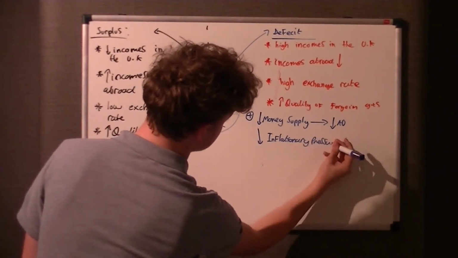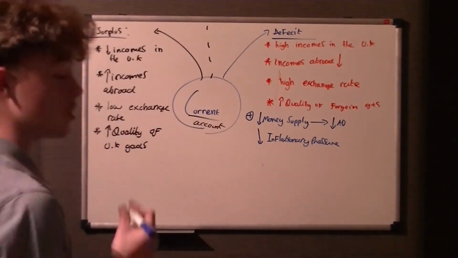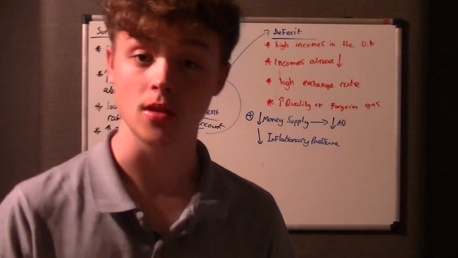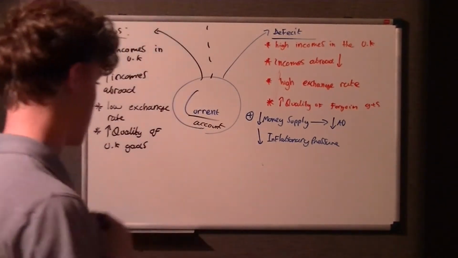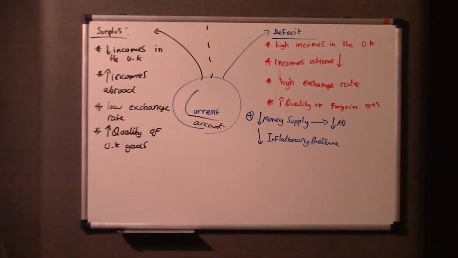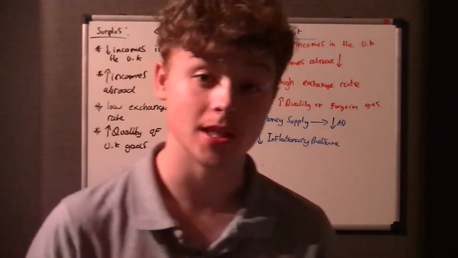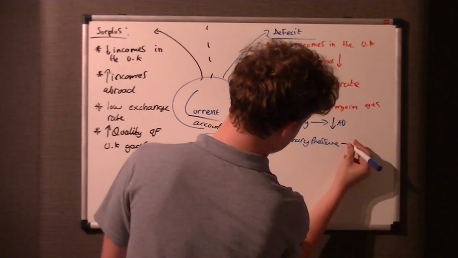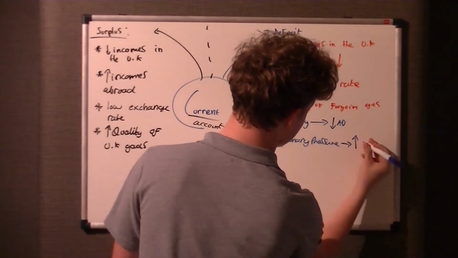But as long as you put there's a decrease in inflationary pressure, you draw the diagram, say it's been a reduction in price from P to P1, you'll get your marks. If there's a decrease in inflationary pressure, prices fall in the economy. So that means the living standards increase of the people who still have the job.